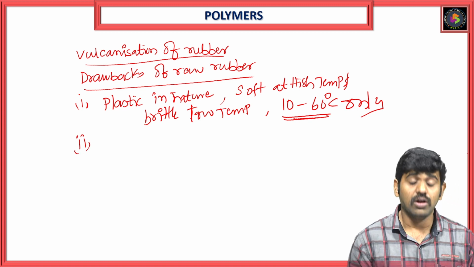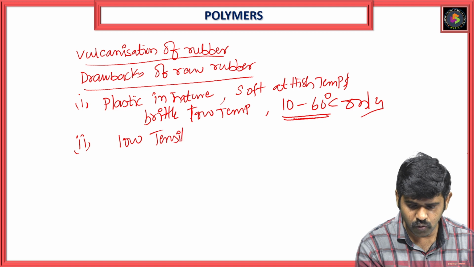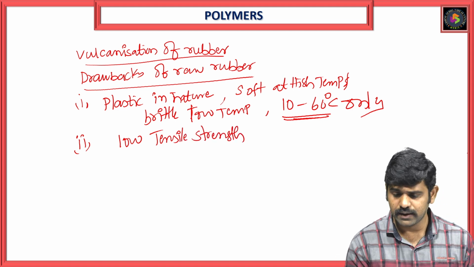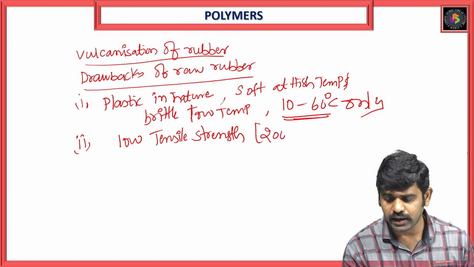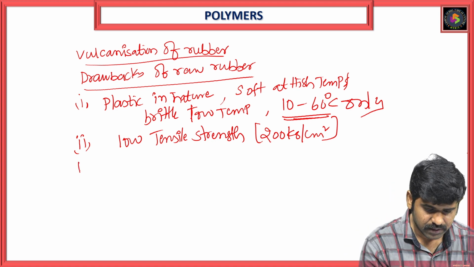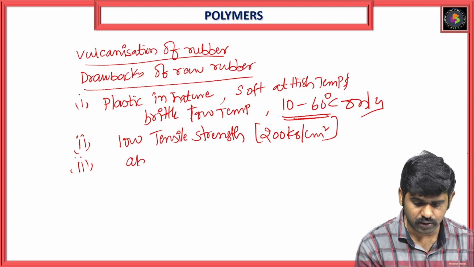It possesses low tensile strength, that is 200 kilogram per centimeter square. Next, it absorbs more amount of water.